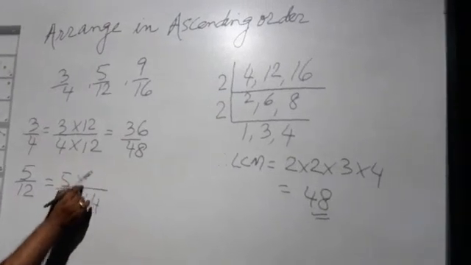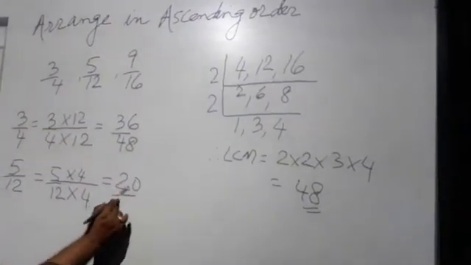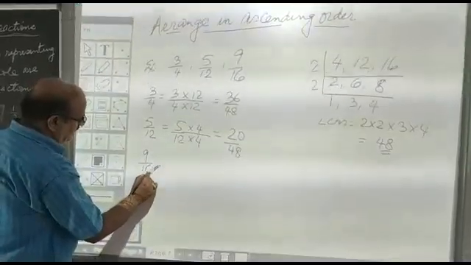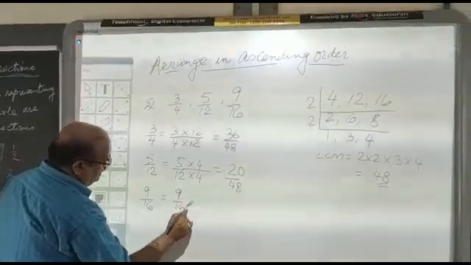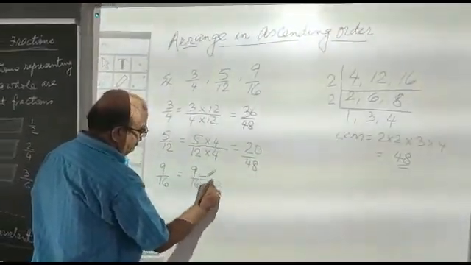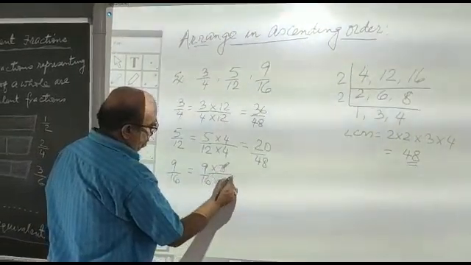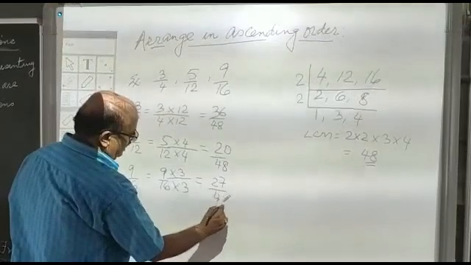Here also we multiply by 4, so it becomes 20/48. Then 9/16: multiplied by how many times? 3 times. Into 3, we get 27/48.